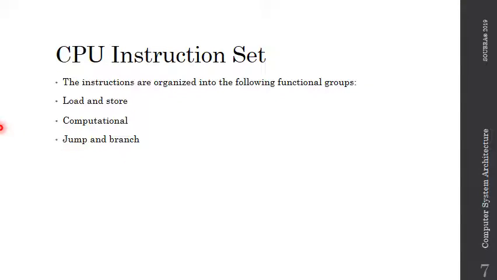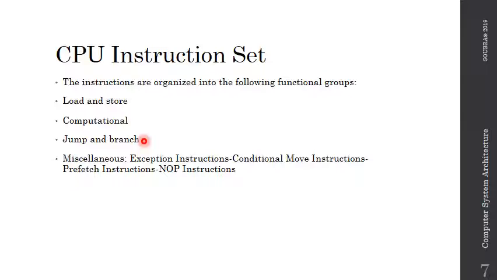So the jump is an unconditional one, and the branch is a jump that only happens if a certain condition is true or false. So if there's a condition, I'm going to take one path or the other, hence the branch. It looks like a tree branch.